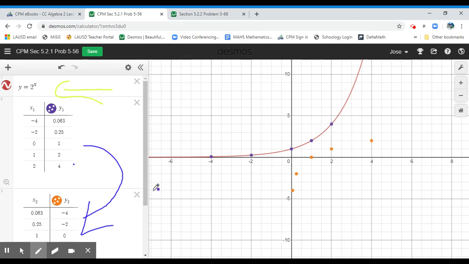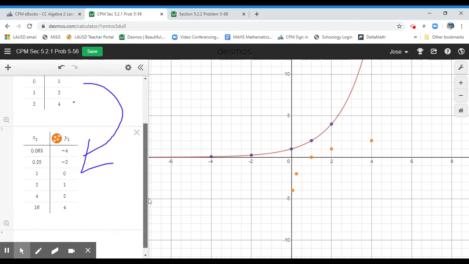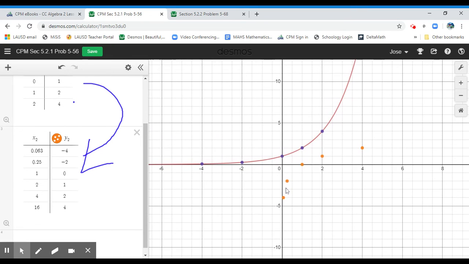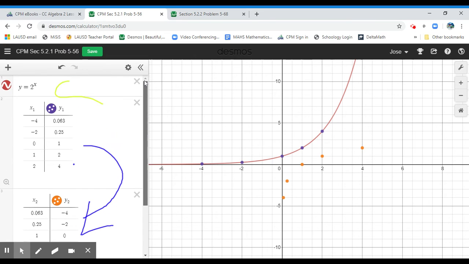And to find the inverse, remember we have to go backwards. We have to switch this around. Look at what's happening here: you switch all the values, and now we have this other graph. So this is the inverse function of this particular exponential function. We're getting it from the points themselves.